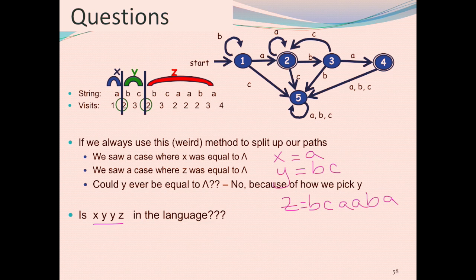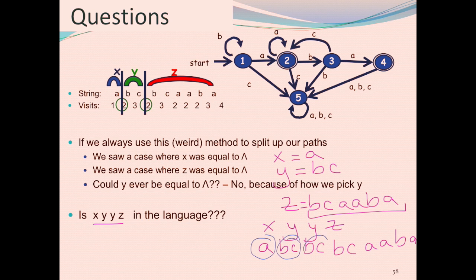First I have an A for x, then y is a BC, and then another BC, and then whatever z was. Z had a BC in it too, but then it's A, B, A. I have my x piece, my y piece again, and then my z piece. So we've got A, B, C, B, C, B, C, A, B, A. And sure enough, that one's in my language.